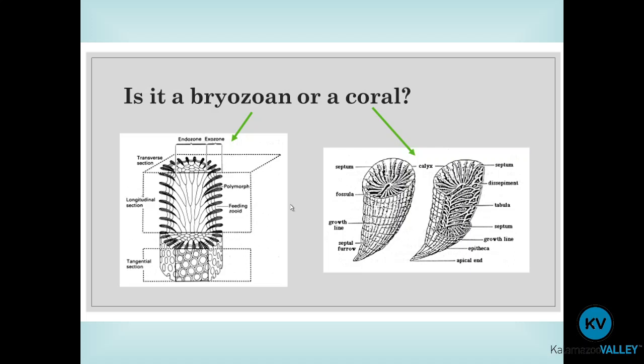The Petoskey stone is a coral, though, so sometimes it can be hard to tell the difference between a bryozoan and a coral. And if it's not identifiable specifically as one species or another, the way to tell the difference is going to be in the inner portions, so this inner webbing here, which is why this side is cut away. But oftentimes you don't have that whole thing preserved, so sometimes you just can't tell the difference.